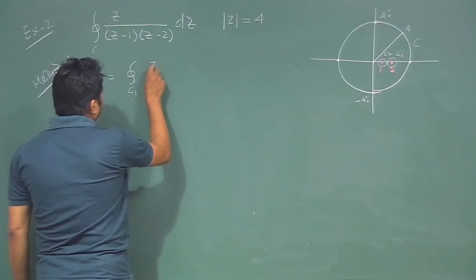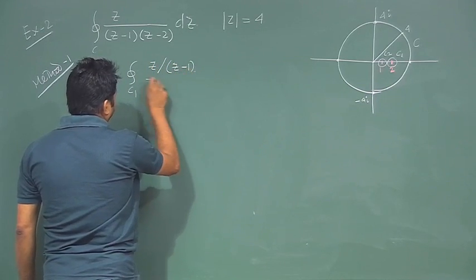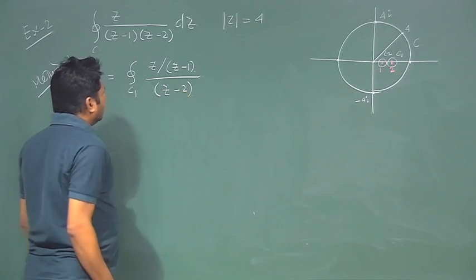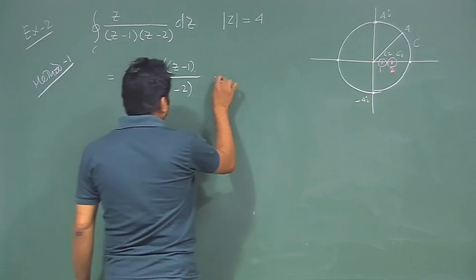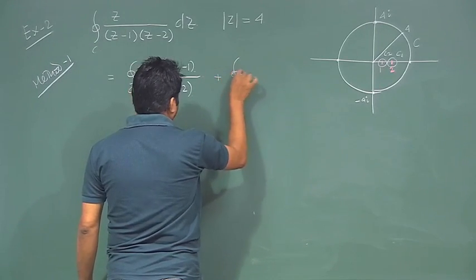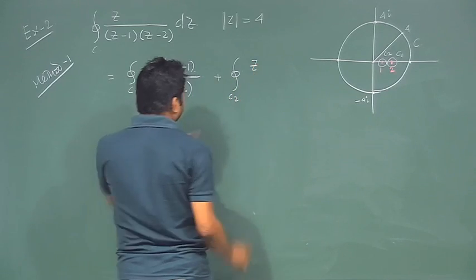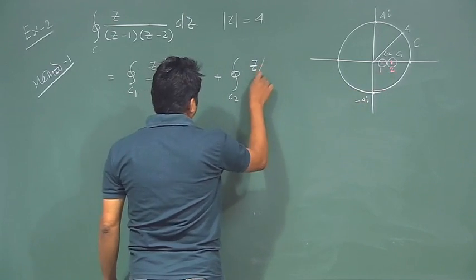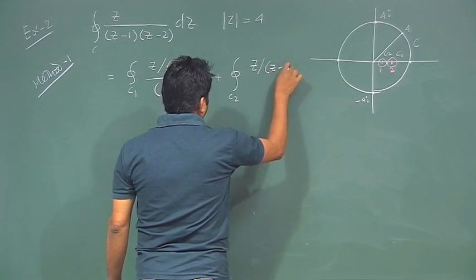So, I write this function like this. In the second case, my singularity for the C2 circle is 1. So, I write this as z minus 2.